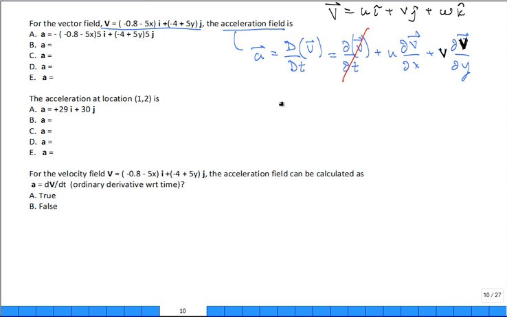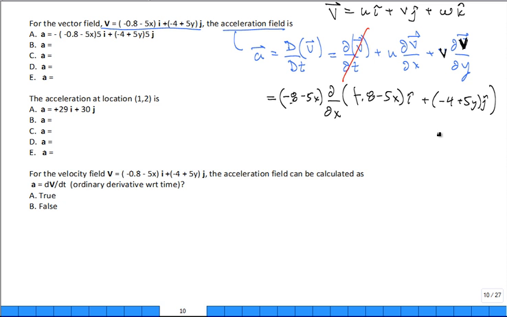So let's work on this, continue it. So we have u. What is u? Negative 0.8 minus 5x. Isn't that u? Times the derivative with respect to x of negative 0.8 minus 5x i plus negative 4 plus 5y j.